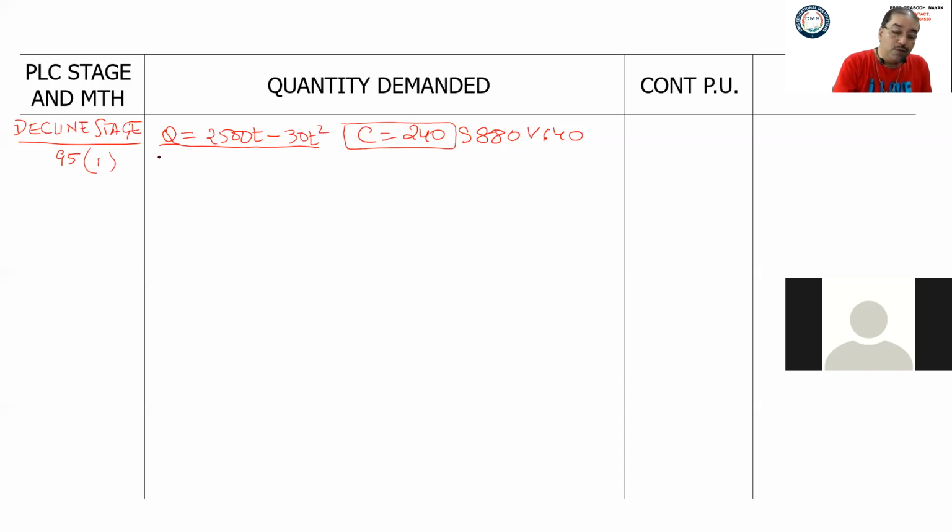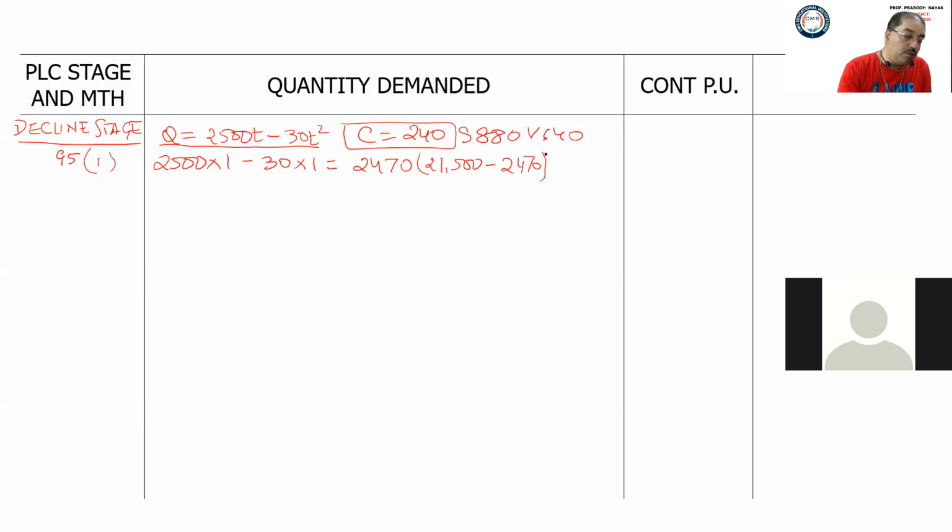So it is 2,500 into 1 minus 30 into 1 square. So 2,500 minus 30, 2,470. From 21,500 minus 2,470, how much will you get?